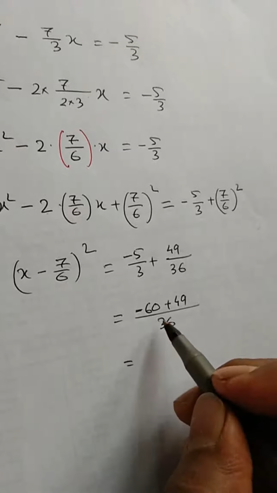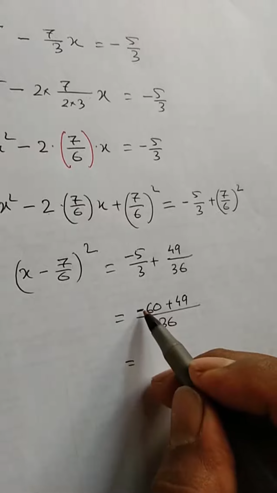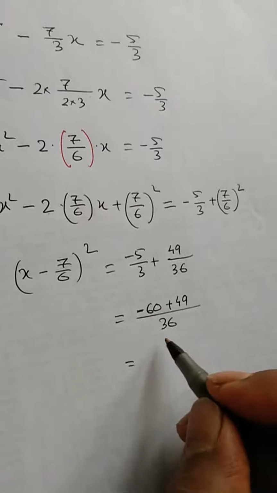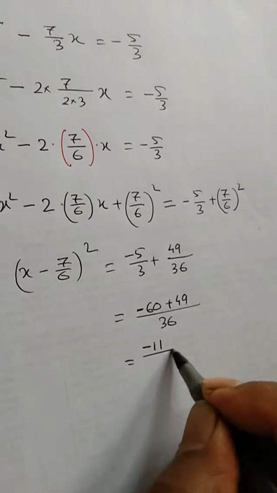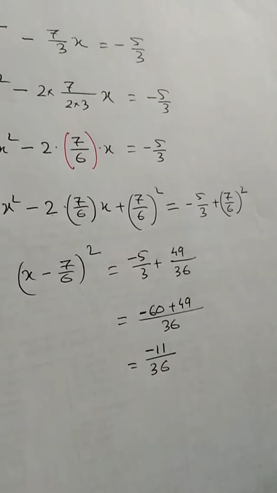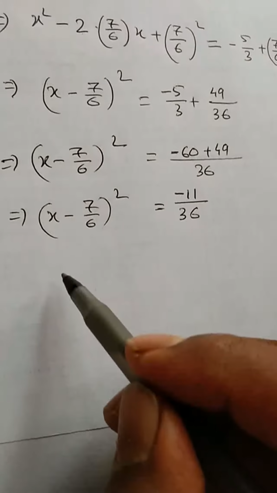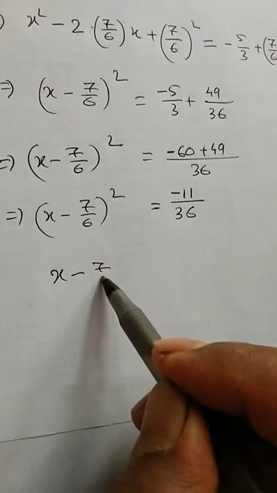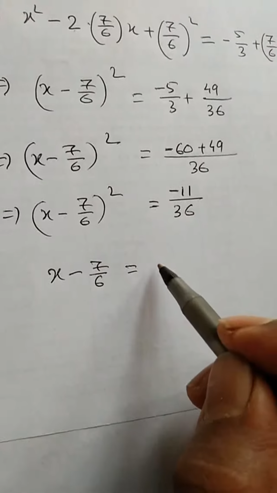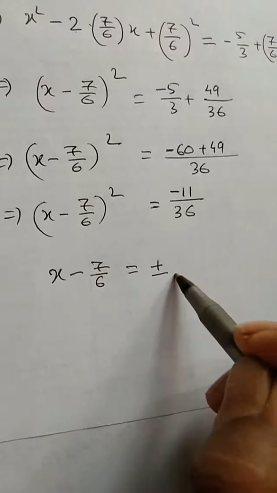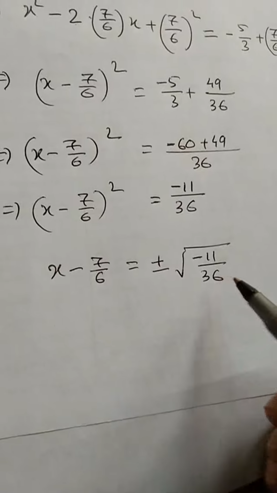So this will be minus 60 plus 49, 60 is greater, so minus sign. So then minus 11 by 36. In the next step, when we write x minus 7 by 6 equals to, removing the square we'll have to write root over. So plus minus root over minus 11 by 36.